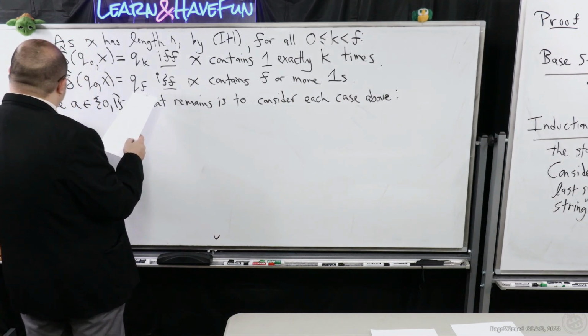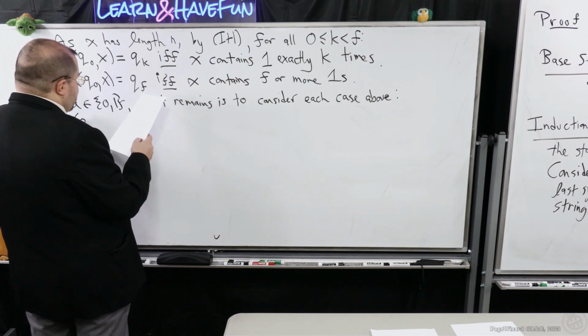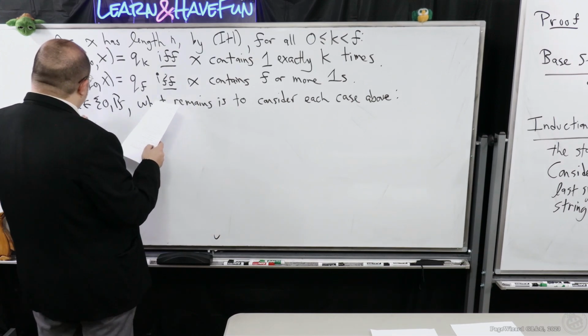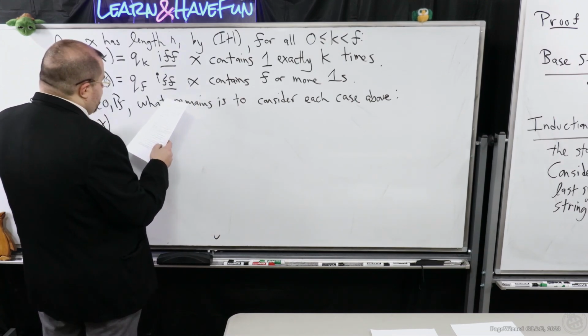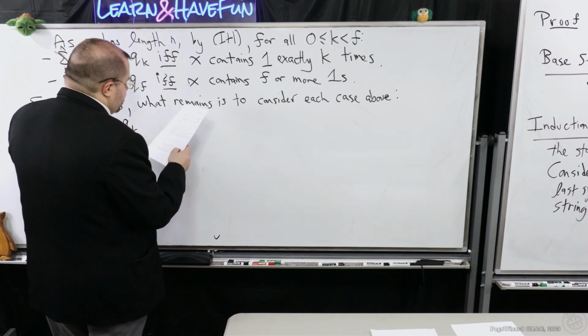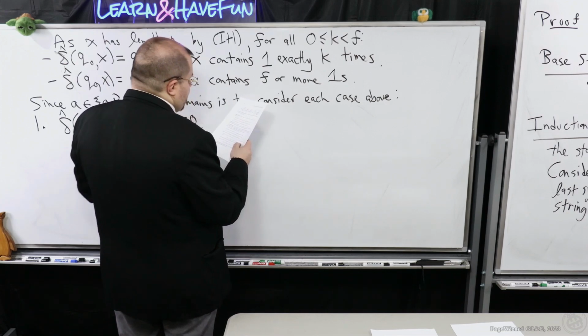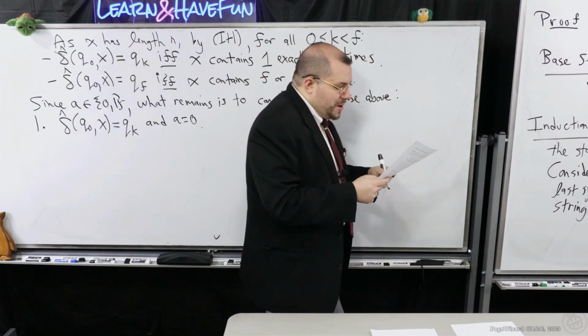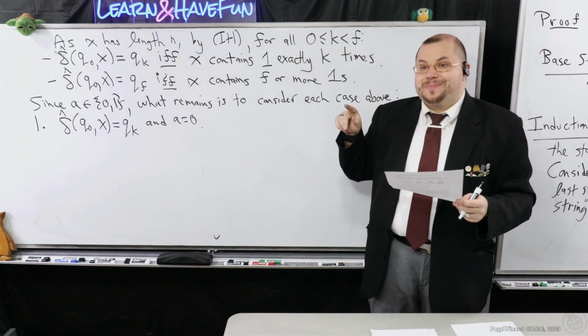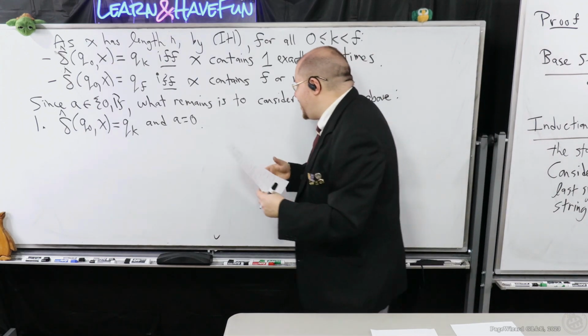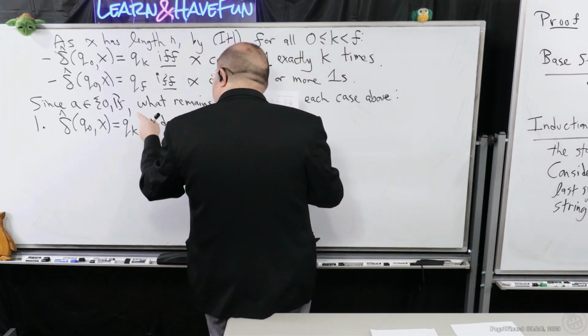We contracted them down. So the first case is when from q0 we read in x and it's equal to qk, so state qk, and we read a 0. Well, what can we say for every k? Remember, we got to say a statement about any arbitrary k.